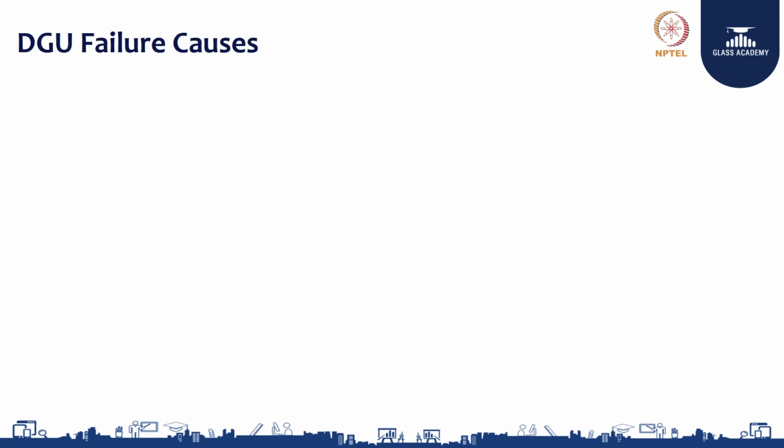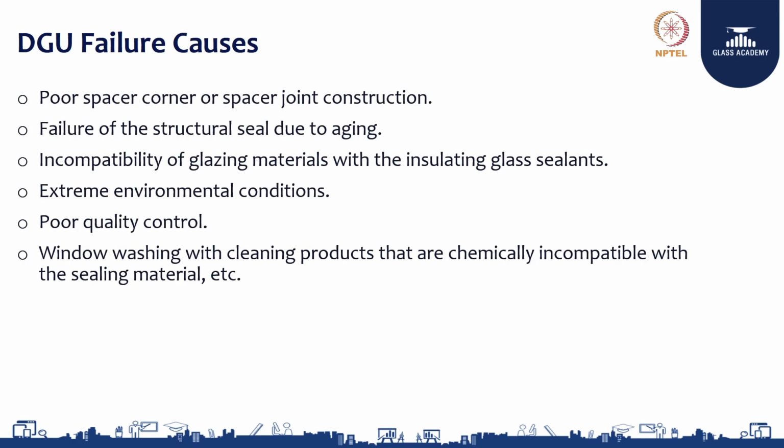And failures: poor spacer corners, spacer joint constructions, failure of structural seal due to aging, incompatibility of glazing material, extreme environmental conditions, poor quality control, like window washing, like cleaning products that may affect chemically and be incompatible with the silicone materials. These are the common DG failures that will cause effect.